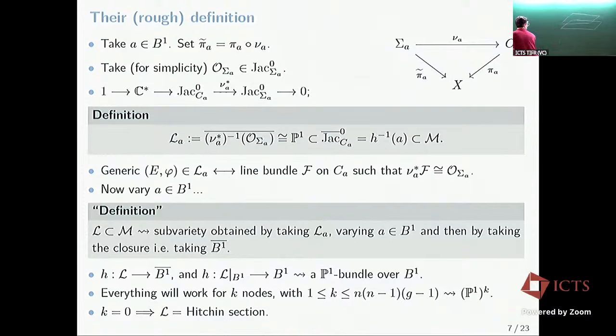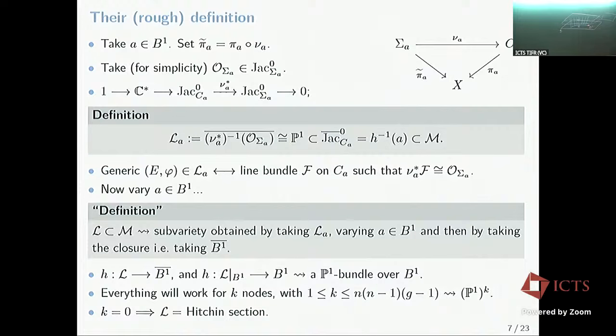But inside you have these B1s, and over these B1s I'm putting P1s, and you can degenerate things in B1 to things with two nodes, and here what I would put is a P1 cross P1, okay? So the fibers increase dimension when you go to smaller dimension loci in the base.